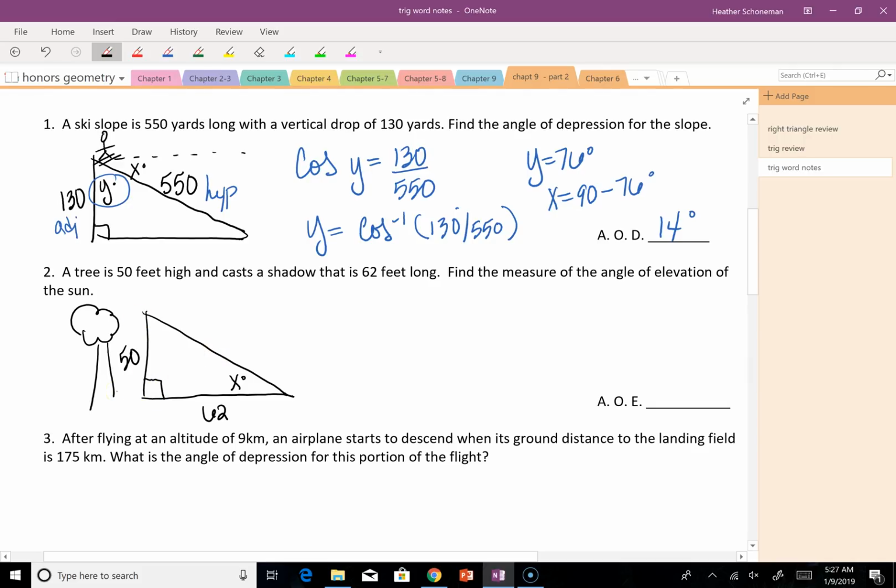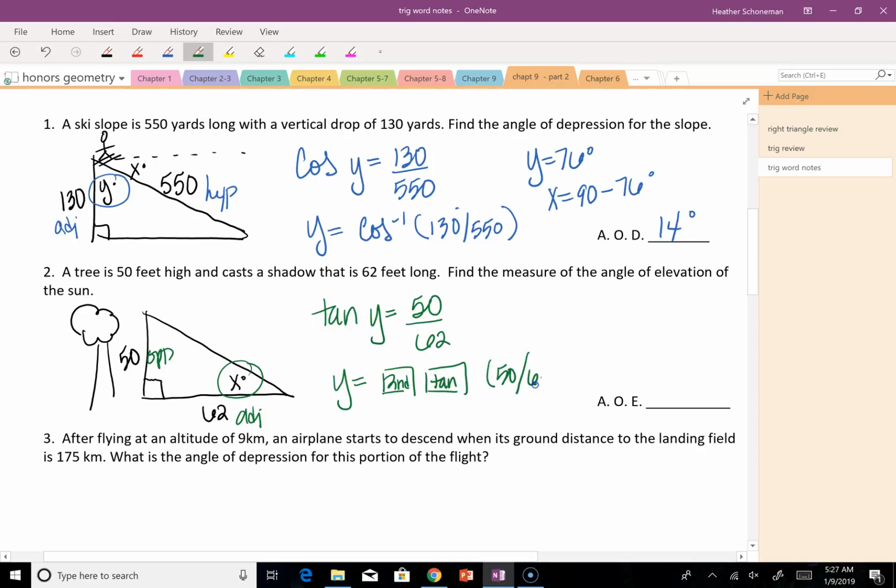Okay, so looking at x, 50 is opposite, 62 is adjacent, so that's going to be tangent. So the tangent of y equals opposite 50 over adjacent 62. Now let's put this in our calculator. You're going to hit the second button, and then the tangent button, and then in parentheses, 50 divided by 62.